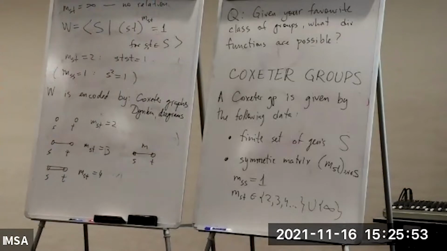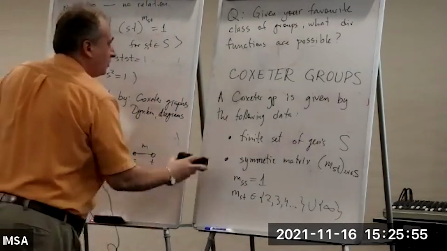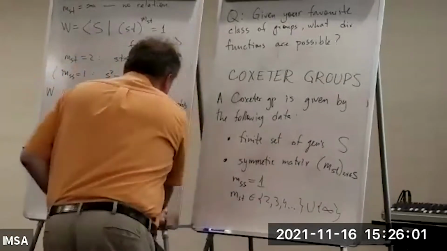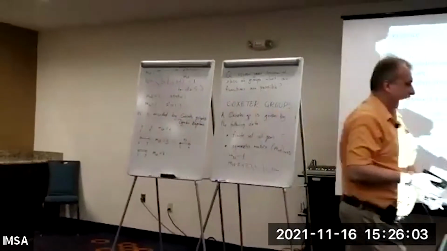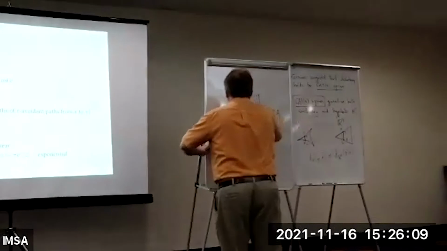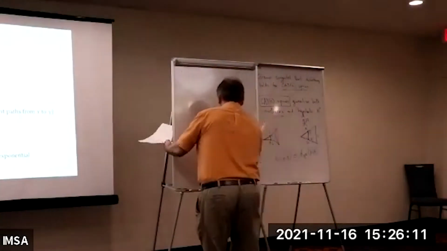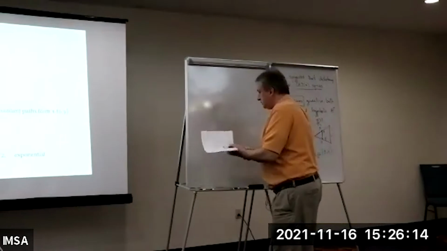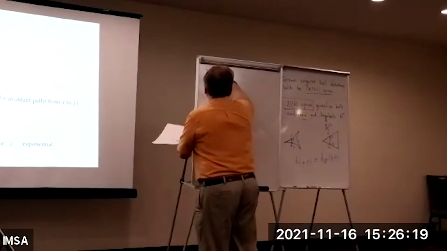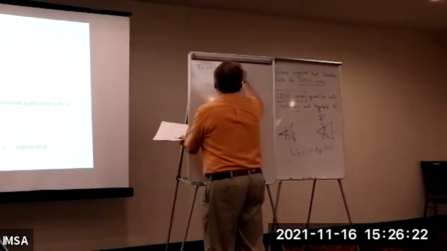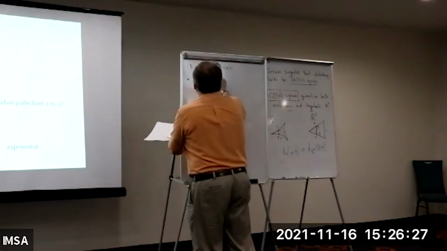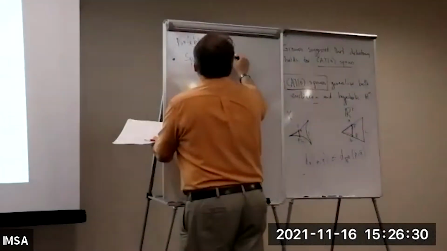Now, there are famous classes of Coxeter groups. So, notable classes. First are spherical, the same as to say finite.